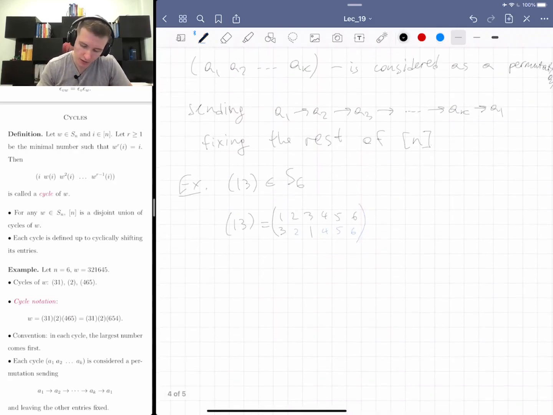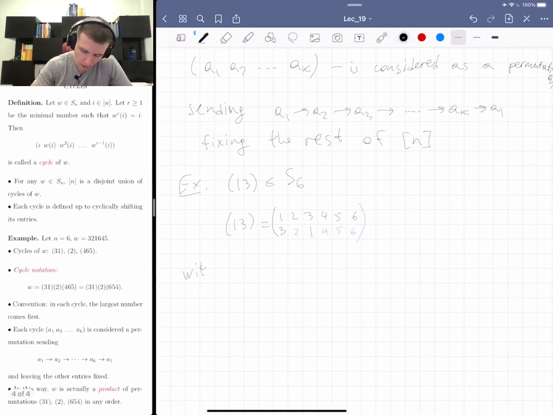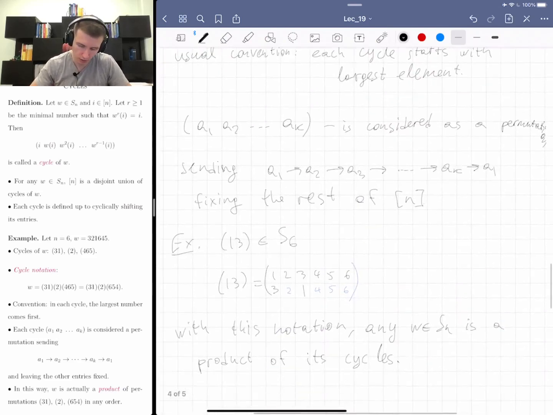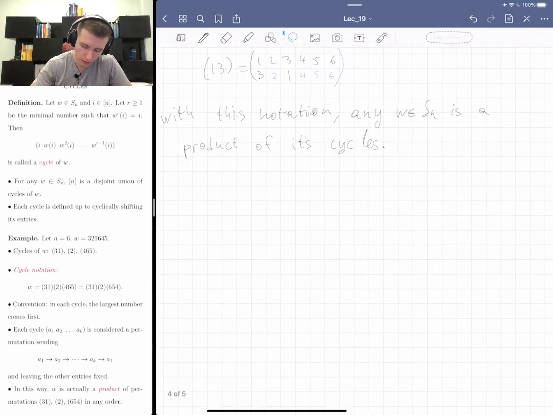And the reason this notation is convenient is because any w in Sn is actually a product of its cycles, in any order.